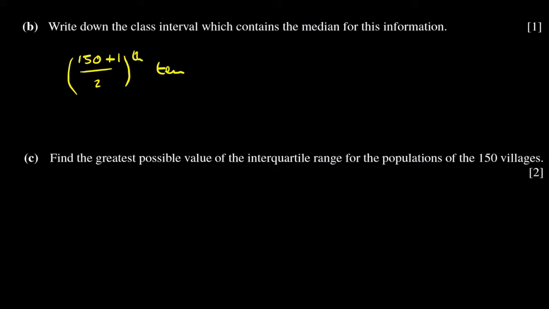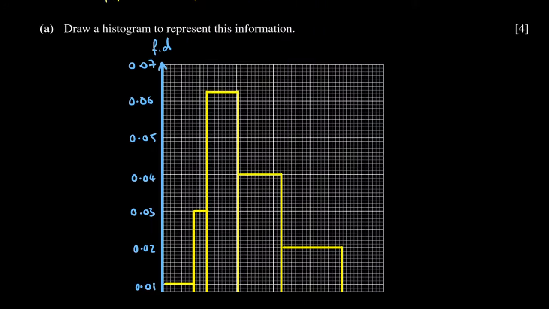So 151 divided by 2, that's going to be the 75.5th term. It's a bit odd to think about the 0.5th term, but never mind. In this case, it doesn't matter because the 75th and 76th terms are all going to be in the same category. So let's scroll up.